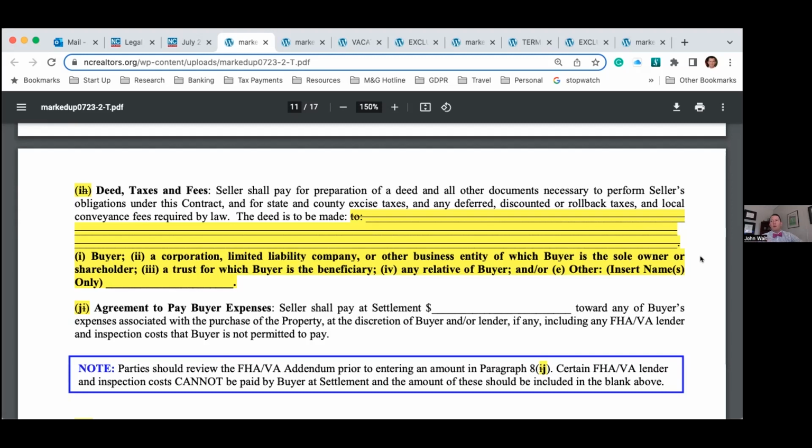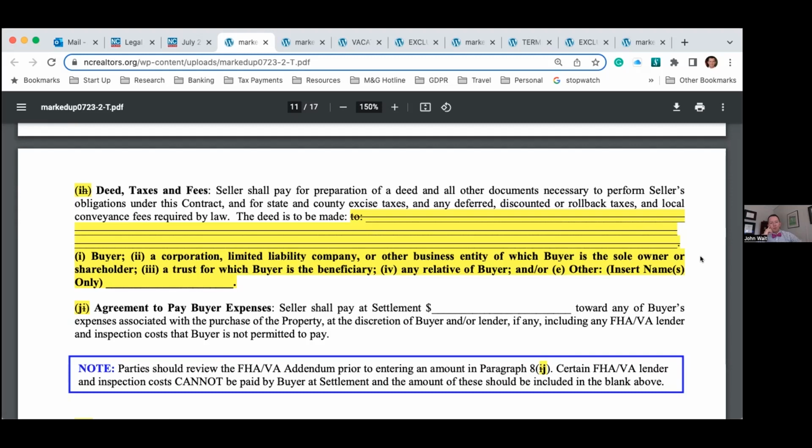Say it's a daughter buying the property and she wants to bring her mom in to help by co-signing the mortgage. And then, of course, the lender is going to require that both names go on the deed, right? Well, under the old form, if you only had the daughter's name in this paragraph, the seller would claim that that's an amendment to the contract and try to hold it up. Cantankerous sellers, I don't think there's a very good argument for that, but they would do it anyway.